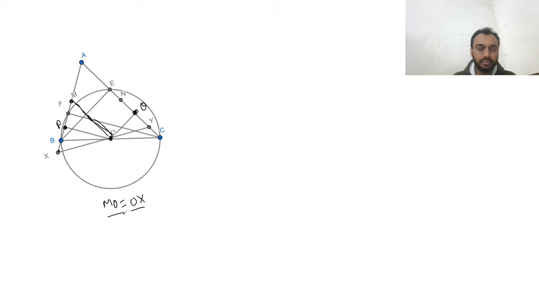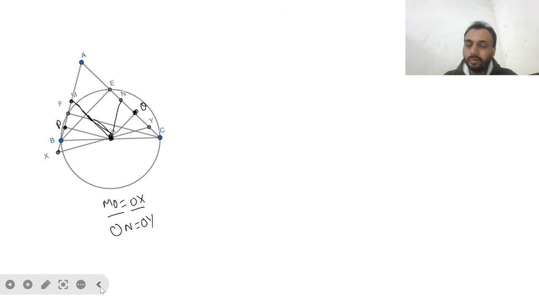Because it is a perpendicular bisector. OP is a perpendicular bisector, right? And we can say that MP is equal to PX also. So OM is equal to OX also, right? So similarly we can say ON is equal to OY.